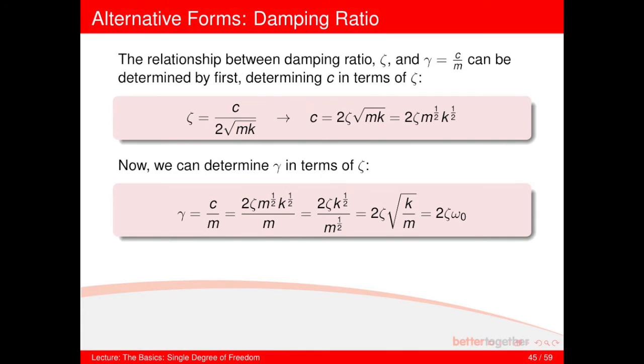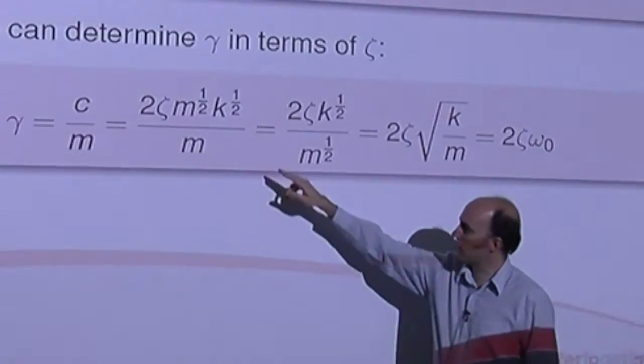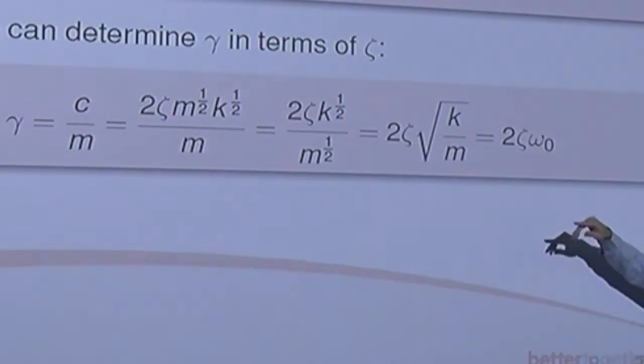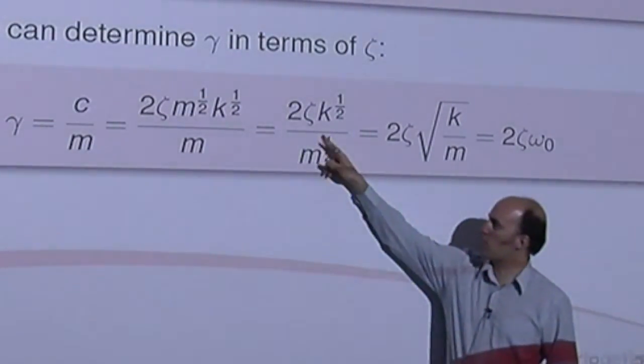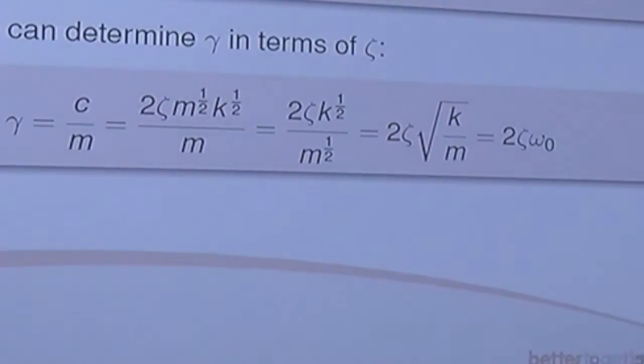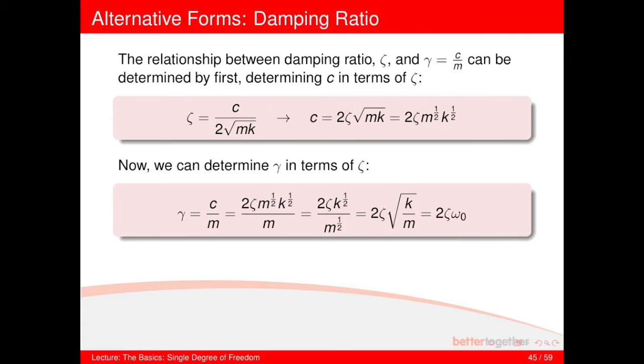We know gamma is C upon m, so if we stick in what we've got for C, we have 2 zeta m to the half, k to the half over m. Well, m to the half over m is 1 over m to the half, so that drops down. You can see we've ended up with 2 zeta root k upon m, which is 2 zeta omega naught. And so wherever we saw gamma in that equation, we could replace it with 2 zeta omega naught, which is the alternative form.